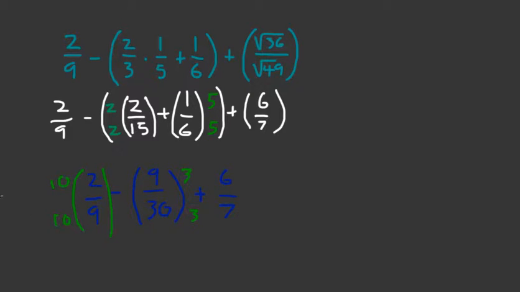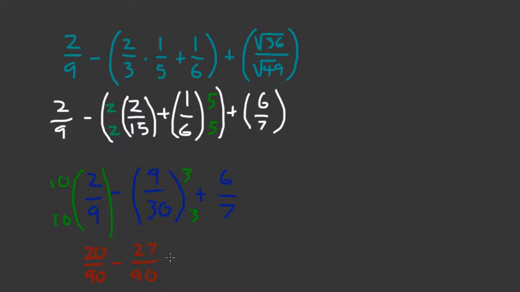So now this is going to equal 20 over 90, and then it's going to be minus 27 over 90. All right, and then we have this over here that we need to deal with later, but let's take care of this first.